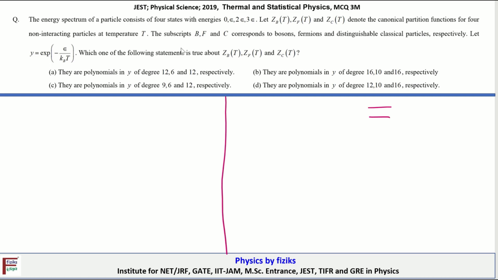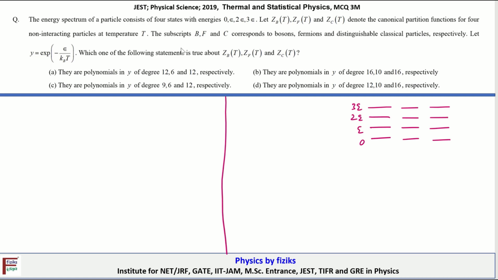Okay, so for bosons, the maximum degree in the partition function is obtained when all the particles are lying in the energy state with the largest energy. Here these states have energy 0, E, 2E and 3E.